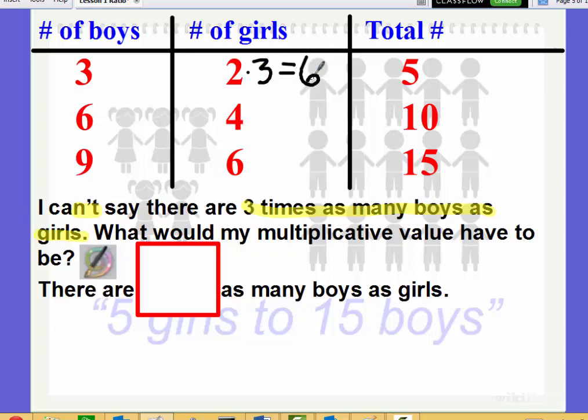So this should be 6 boys. But when I look over here, I see it's only 3. When it's saying 3 times as many, that means I'd be multiplying my number of girls times 3. So it shouldn't be that.